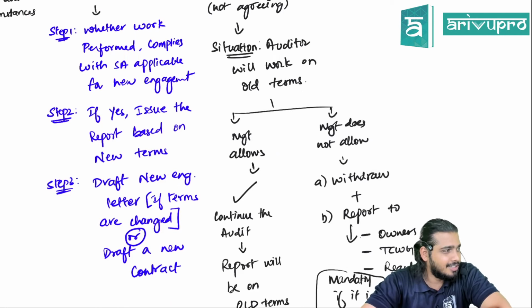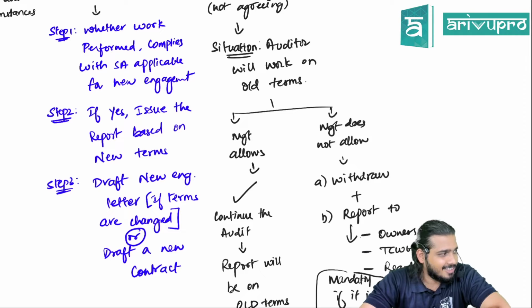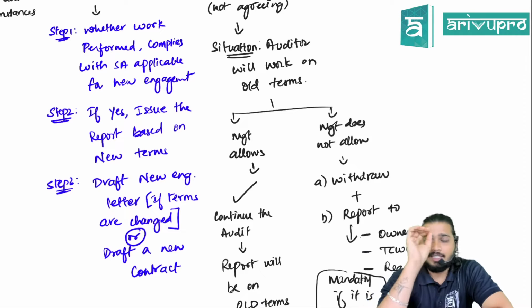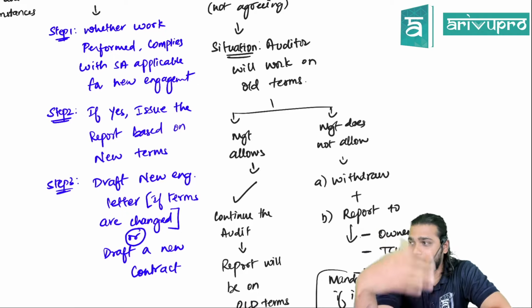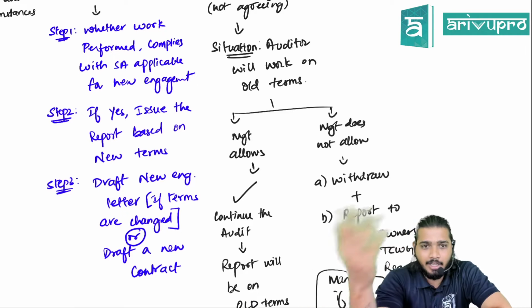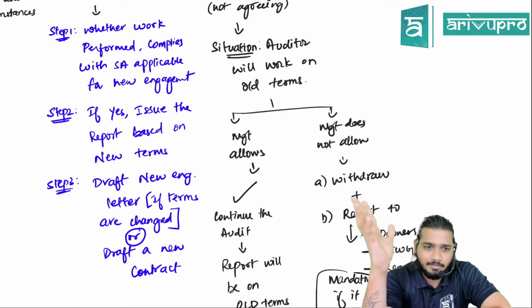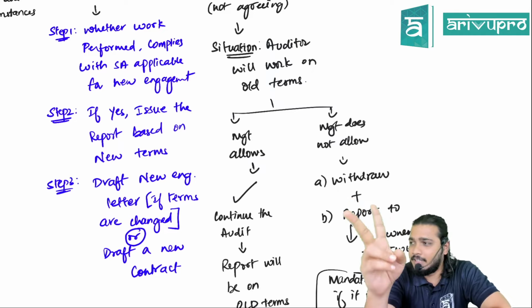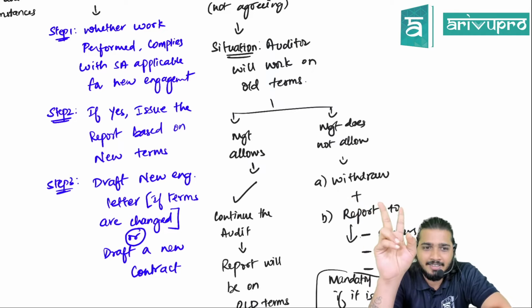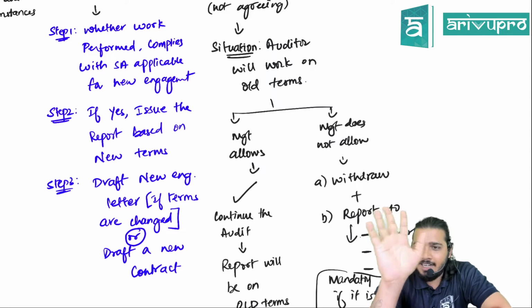Look at this student. That means we will get 2 times fees, sir. Fees only once. He's saying they have asked me to change my engagement, so if I accept the new engagement, will I get fees twice? See, the standard doesn't talk about fees. None of the standards talk about fees.